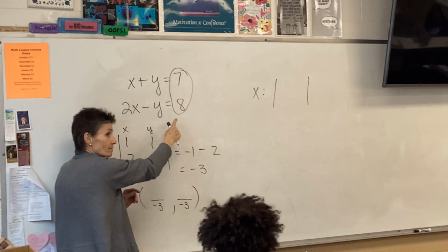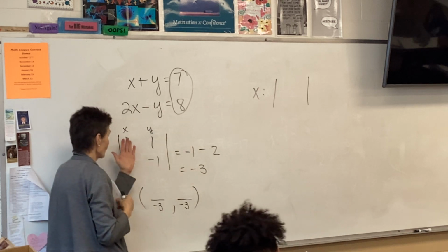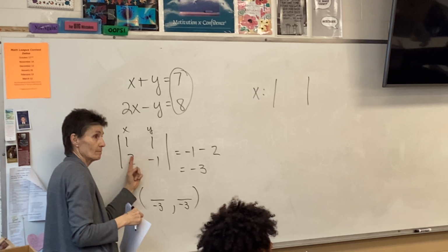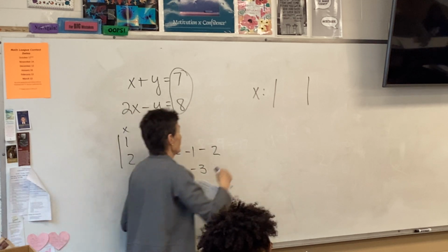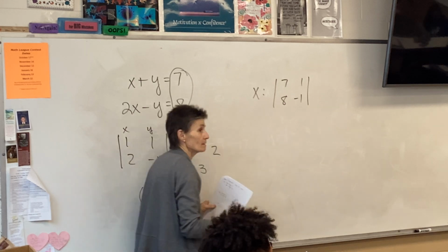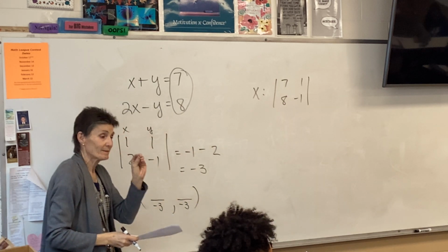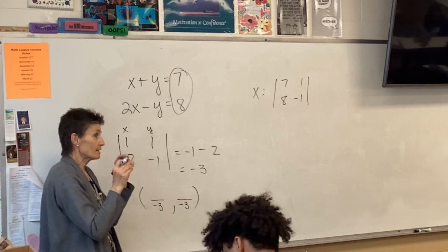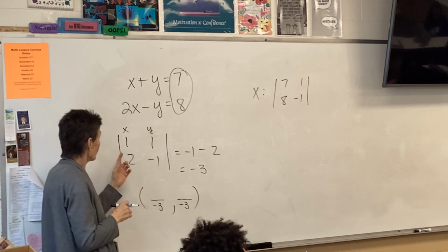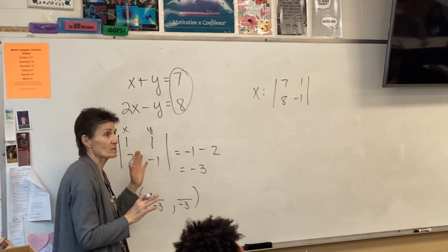Take the 7, 8 and put it right here. So this is now 7, 8, 1, -1. Please take a moment and make sure you got that, because sometimes students will put the 7, 8 in the wrong spot.